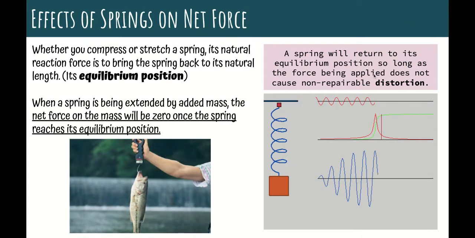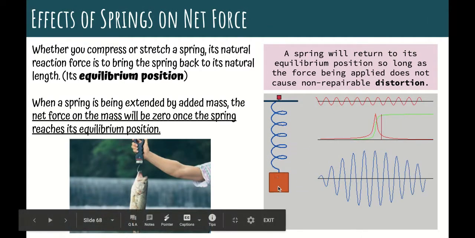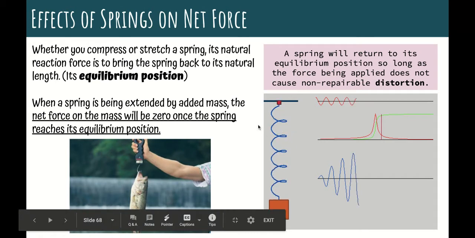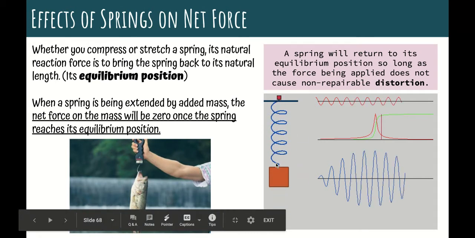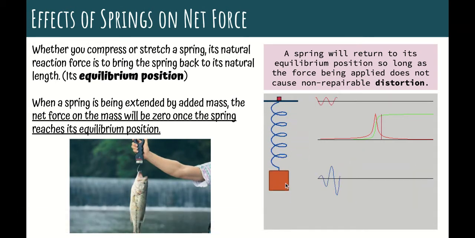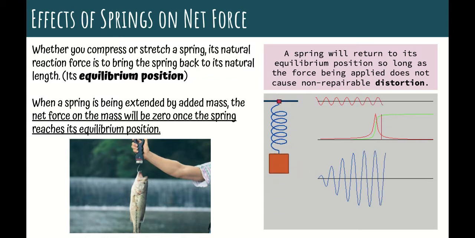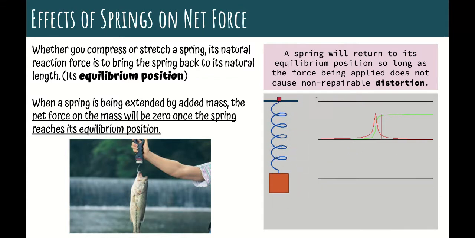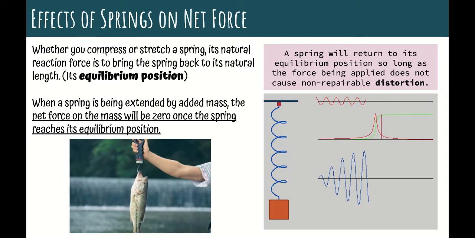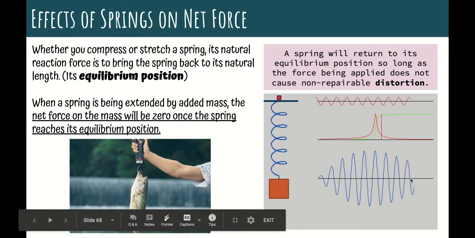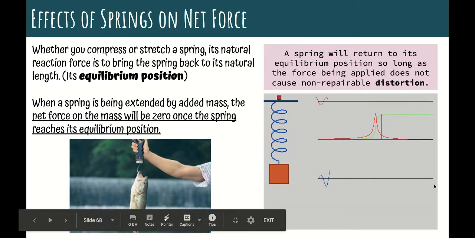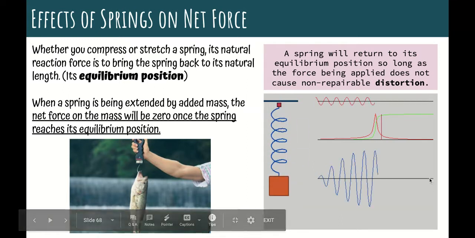Here you can see this little GIF, however you say that, showing an object that has applied mass to the spring, and you're just letting it drop and then letting it come back to its natural position. You can see on the graph that it comes back to its equilibrium, or almost back. If you were to let it continue, this graph would come back to its equilibrium.